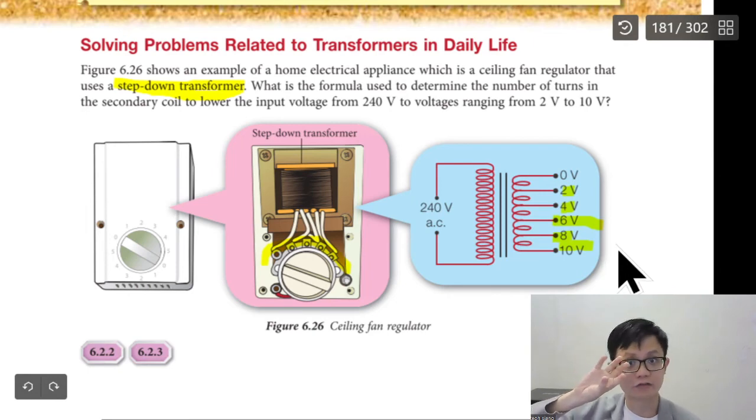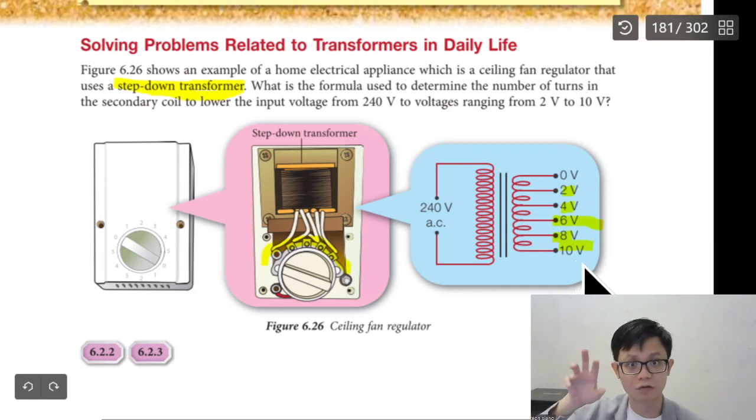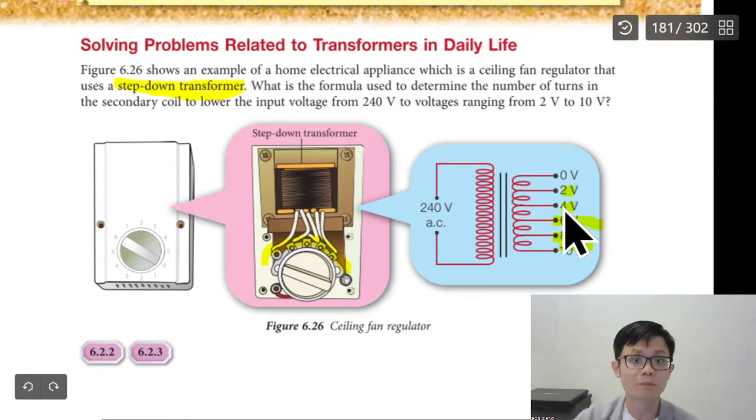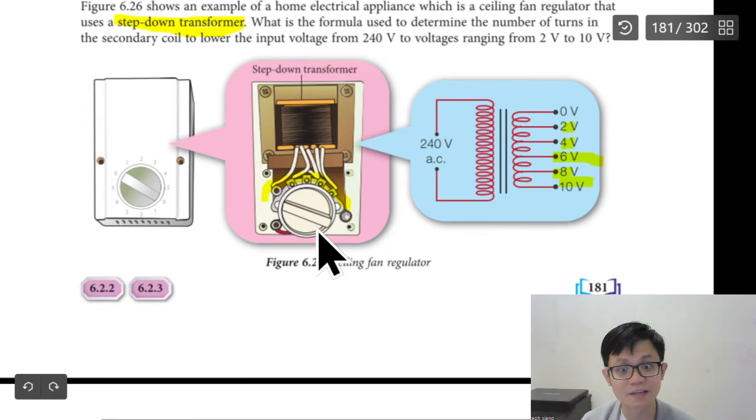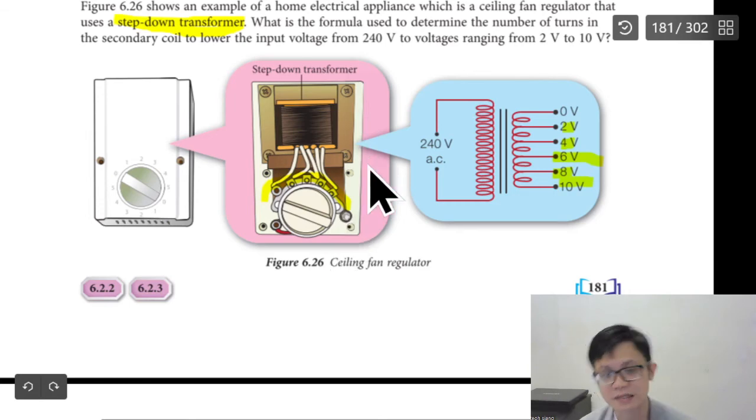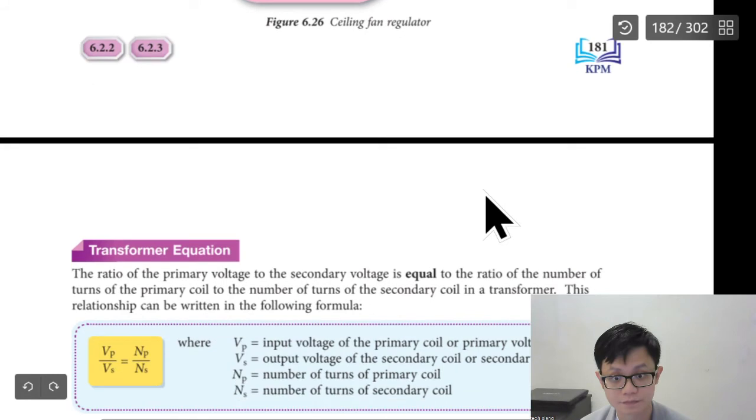If you want the fan to go higher, you go to 10 watt. If you want it to be low, you just turn and it becomes lower. It's very good and very safe to use, correct or not? There's insulator, there's electric. I mean it's safe to use in the transformers.